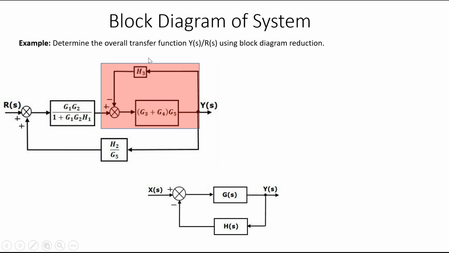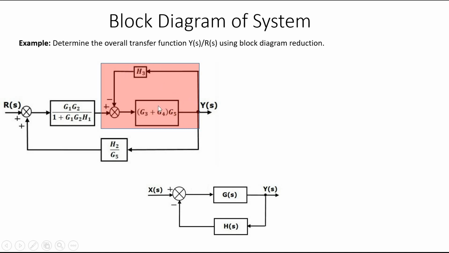Next there is a feedback connection. It should be noted that this feedback is negative here. The arrow mark is from here, so it is a feedback. G(s) is not on the upper side; it flows in the forward direction. The arrow mark is in this direction for G(s), and the feedback is in the reverse direction, negative.